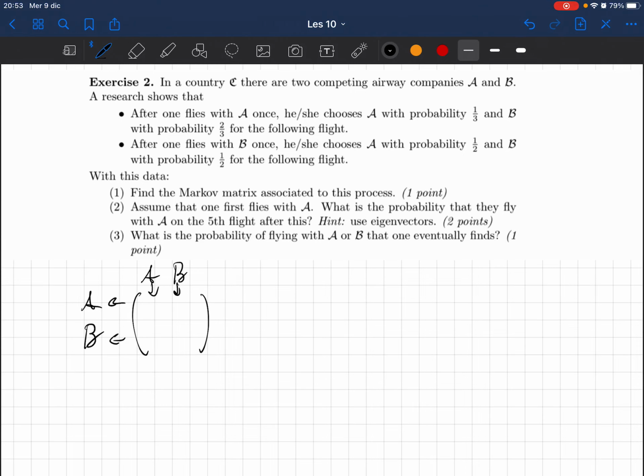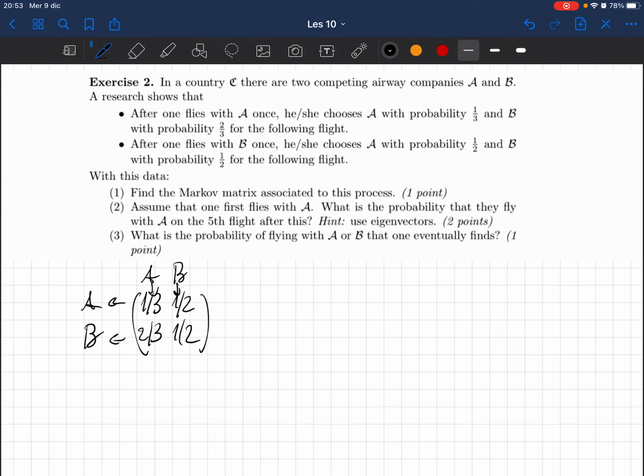Say we fly with A, then we fly again with A with probability 1/3 and with B with 2/3, right? Say we fly with B, and then we have one like this, right? Okay.